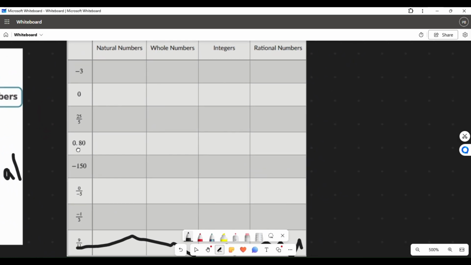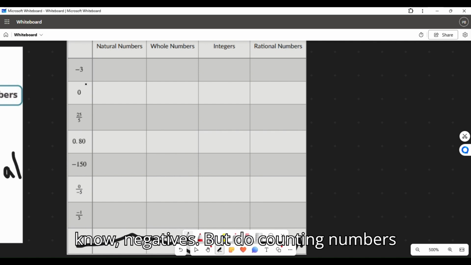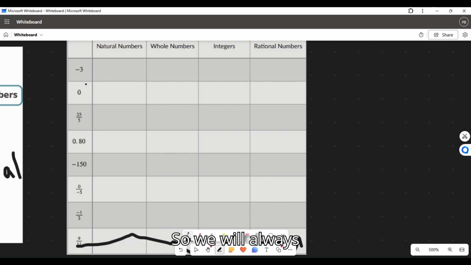So we have -3. We talked about integers. Integers include negatives, but do counting numbers or natural numbers? No. Do whole numbers have negatives in them? No. So -3 will be in the integers.